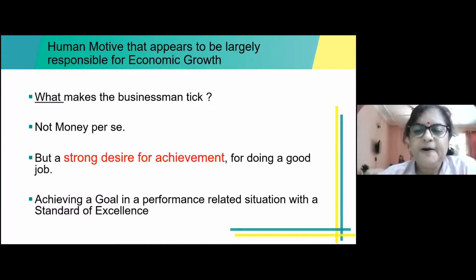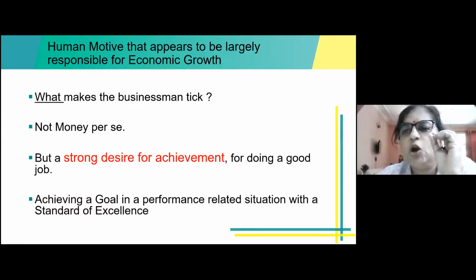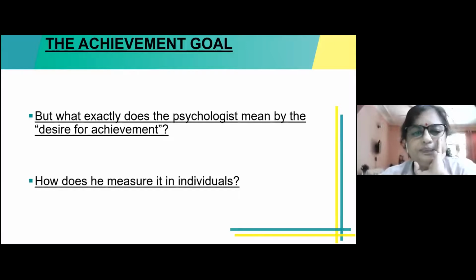So he said that the achievement goal, that is achieving something with a standard of excellence in a performance related situation, is the motive behind doing excellent work, and this is the main motive of an entrepreneur. It is not the only motive, but it is the main motive of an entrepreneur.